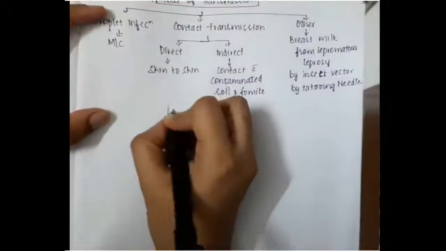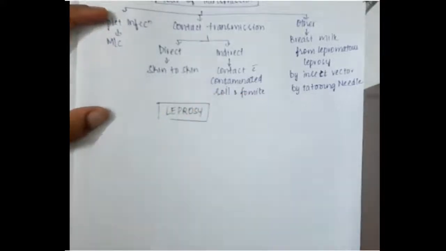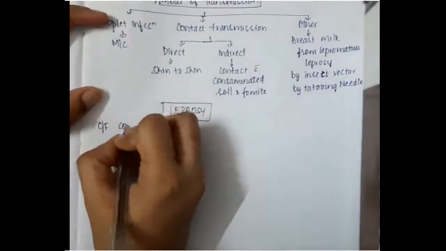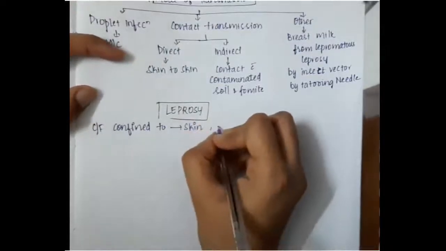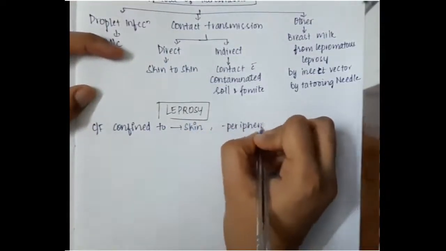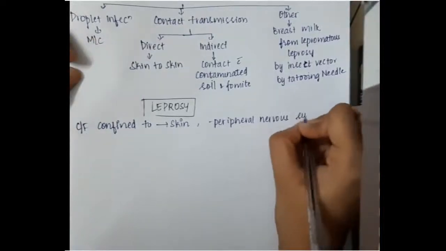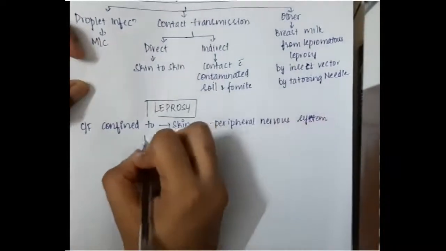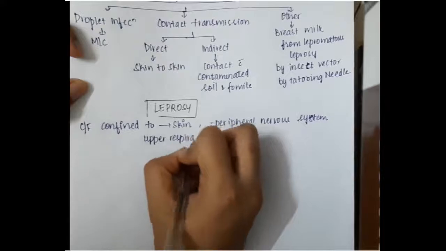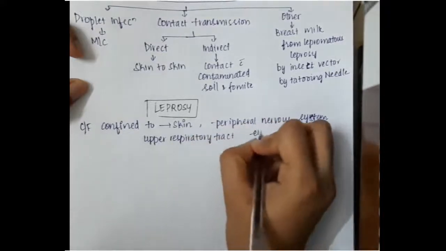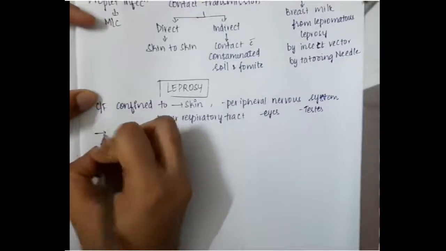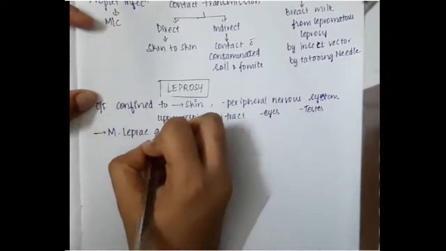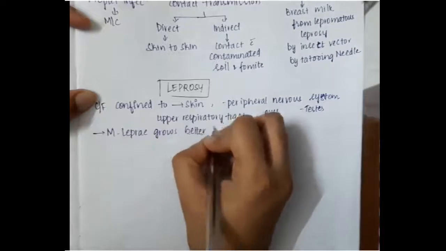Now let us learn some important points about leprosy. The clinical features of leprosy are mainly confined to the skin and peripheral nervous system, and sometimes to the upper respiratory tract, eyes and testes. Mycobacterium leprae grows better in cooler places.